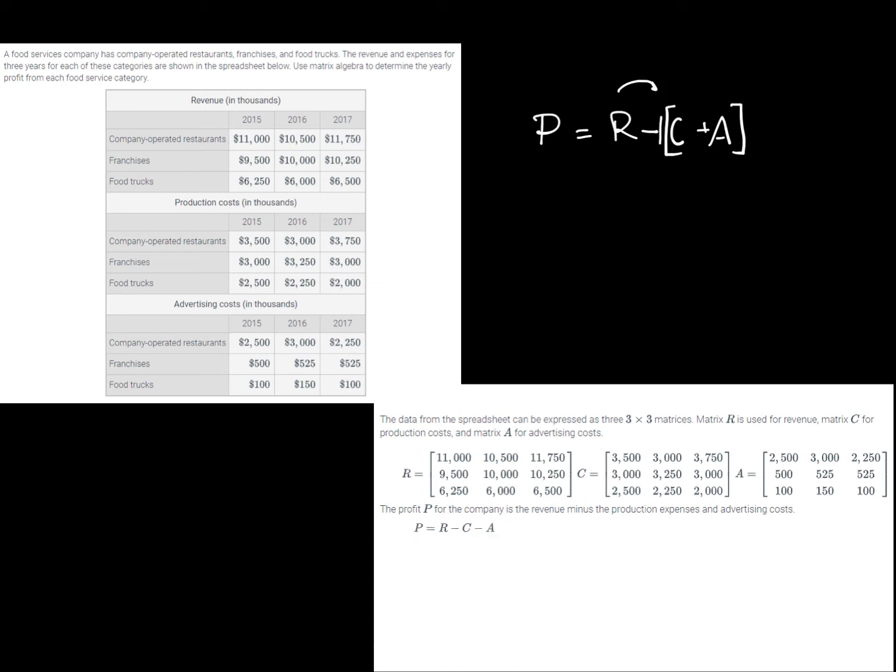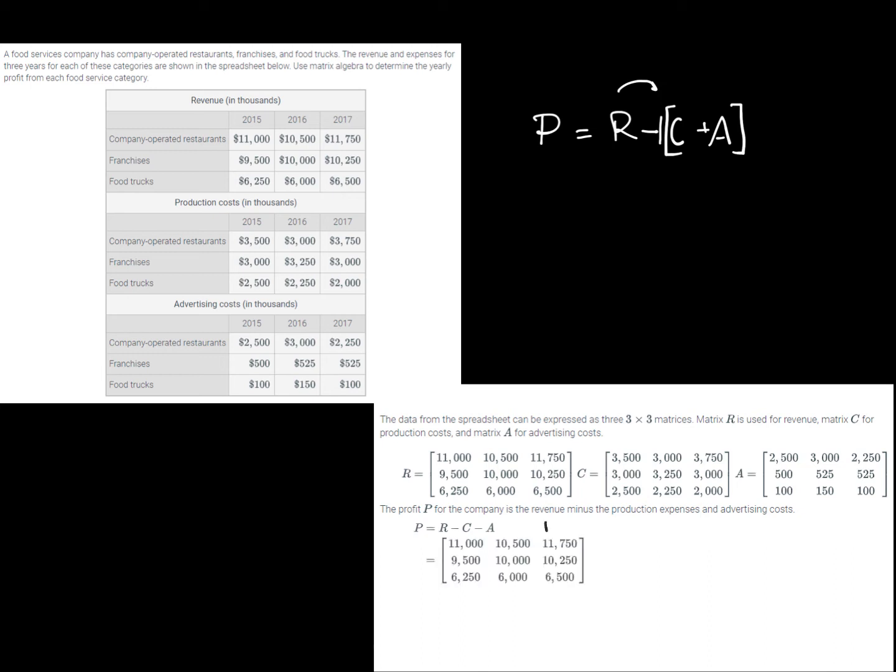Okay. So now the next thing I want to do is to interpret that equation in terms of the actual matrices. So I'm looking for P, and I know that P can be written as R minus C minus A. So let's write out each of those matrices, R, C, and A, and do that matrix subtraction.